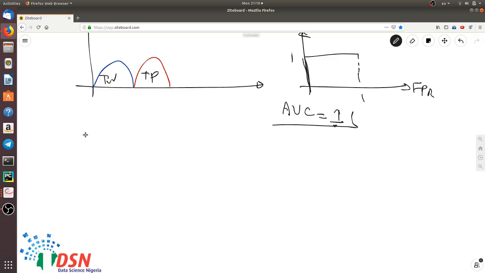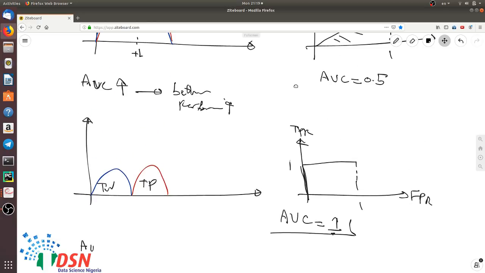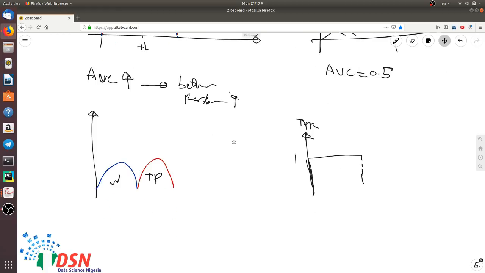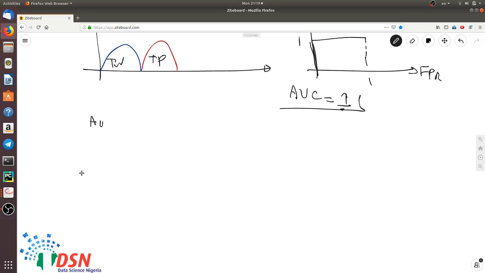We saw that in the case where the distributions of negative and positive classes are perfectly matched, we don't have any clue about the actual label. So in the worst case the AUC is 0.5, but what does it mean if we have an AUC under 0.5?